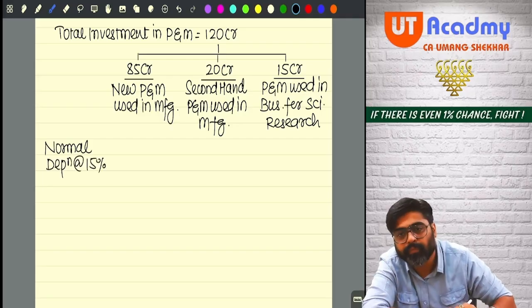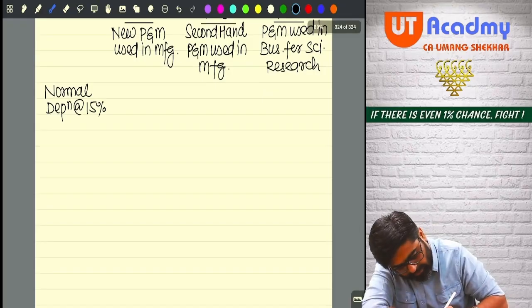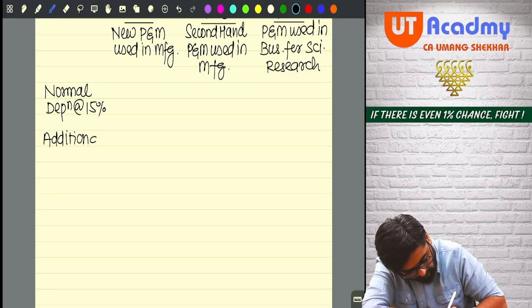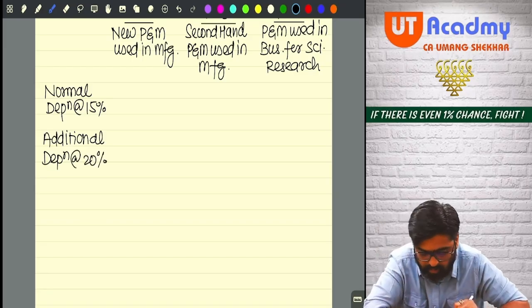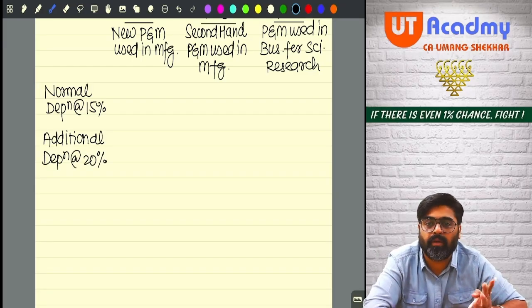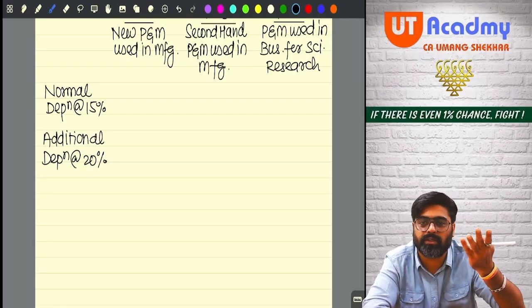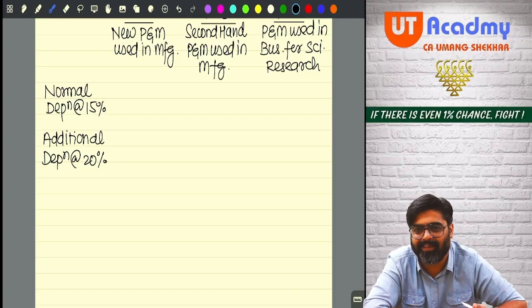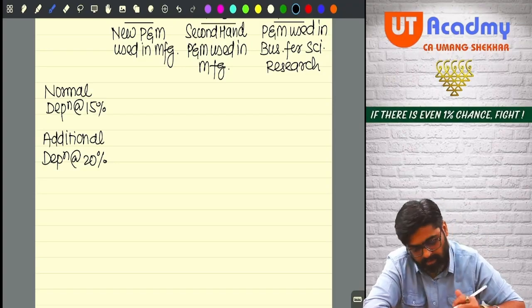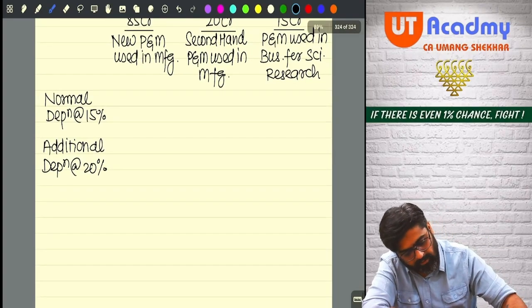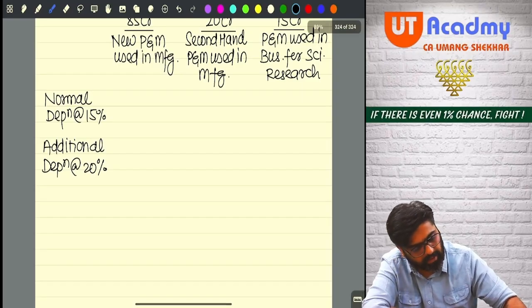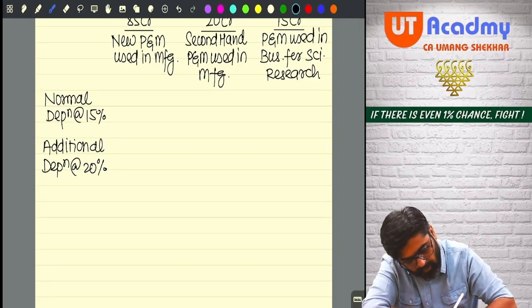And additional depreciation, the rate is 20%. So this time the normal depreciation as well as additional depreciation will be calculated on the same amount, because actual cost will be WDV only. Getting my point? So normal depreciation on 85 crores, 85 into 15% will give me 12.75 CR.